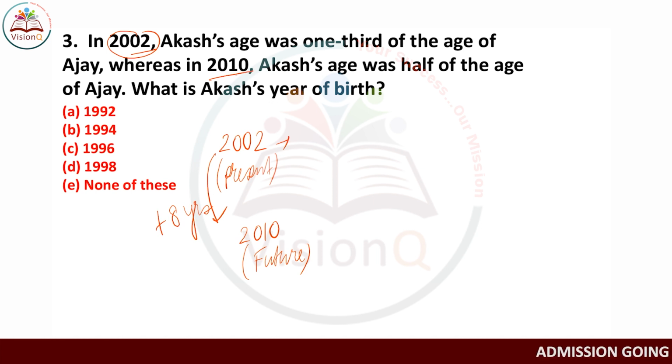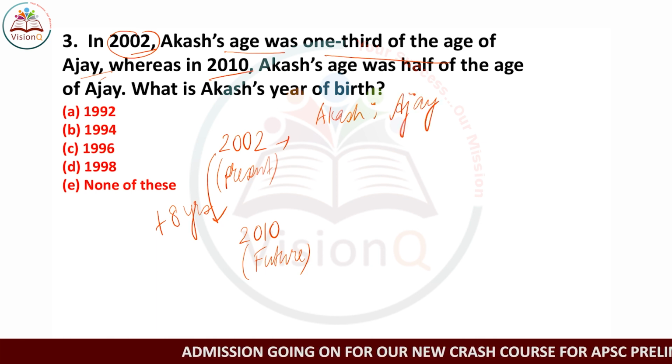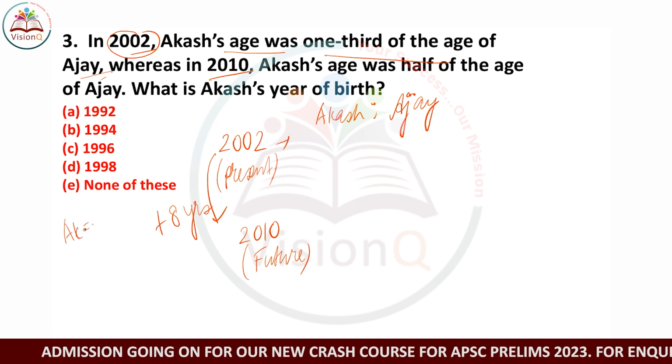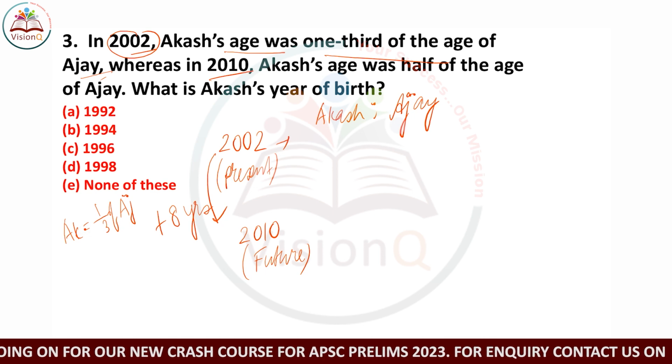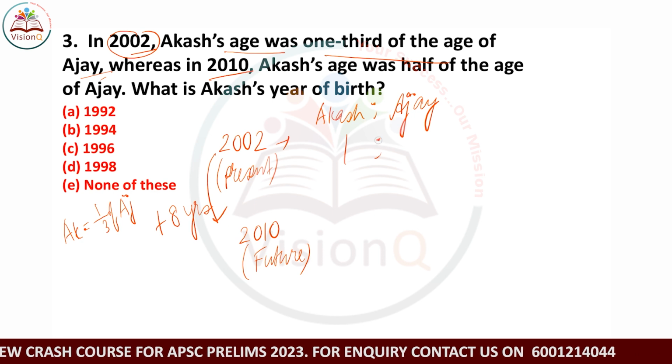Now in 2002, Akash's age was 1/3 of the age of Ajay. There were two persons' ages, Akash and Ajay. So the ratio of Akash to Ajay is given from this first sentence. Akash's age is 1/3 of the age of Ajay, so the ratio of the ages of Akash to Ajay is 1:3.